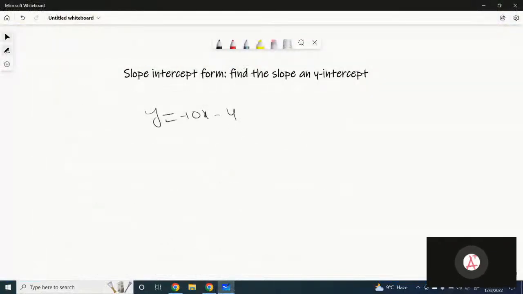So the general form of the equation of slope intercept form is y equals mx plus b. Got it? If you compare both the equations, here you have m and here you have -10. So m equals -10. When you compare these two, b equals -4.